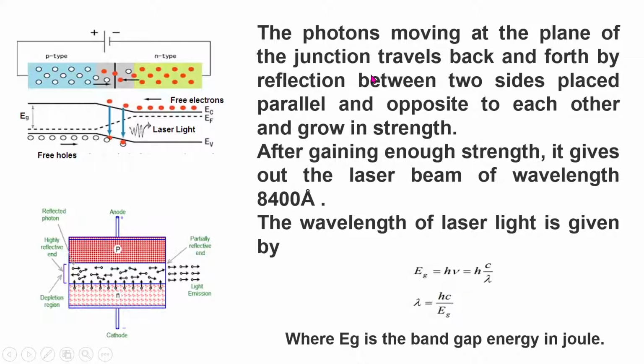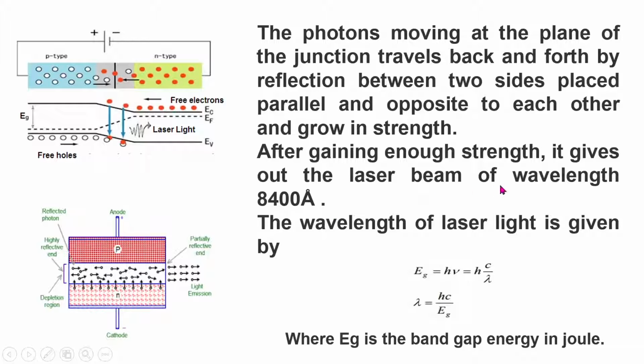See here, the photons moving at the plane of the junction travel back and forth by reflection between the two sides placed parallel and opposite to each other, which grows the strength of the amplification.